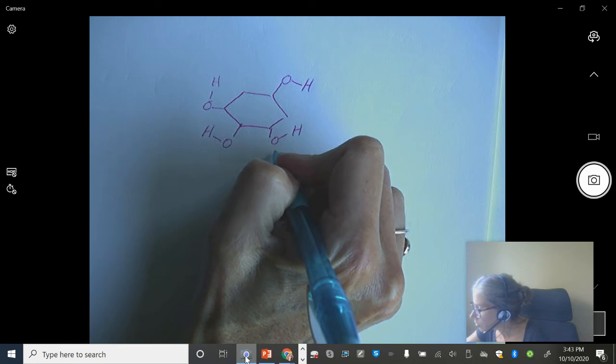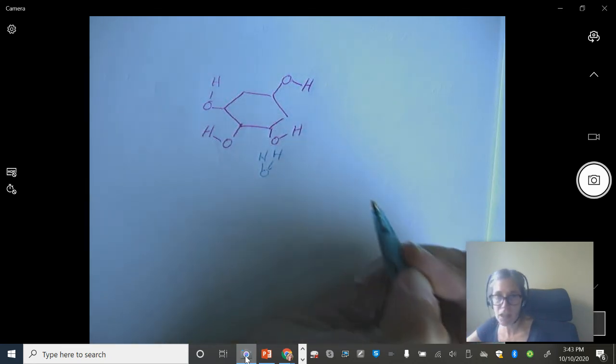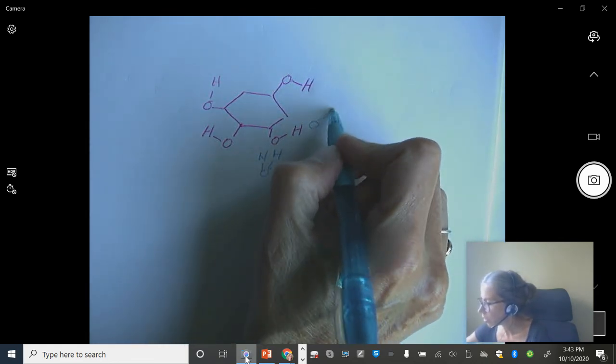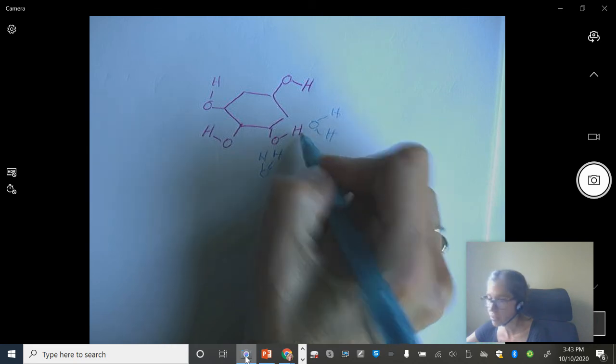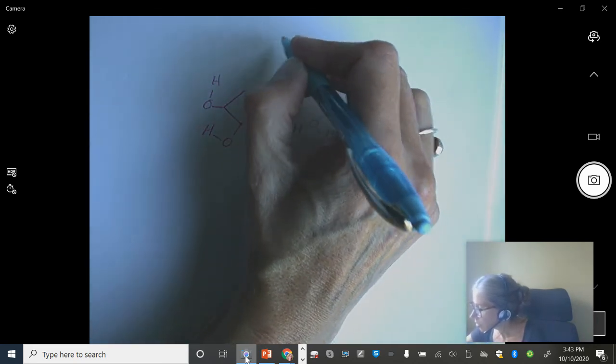So what would water do? Well, the hydrogen side of water is going to be attracted to the oxygen side, right? The positive to the negative. The oxygen side of water is going to be attracted to all these hydrogens. So water is going to surround the sugar.